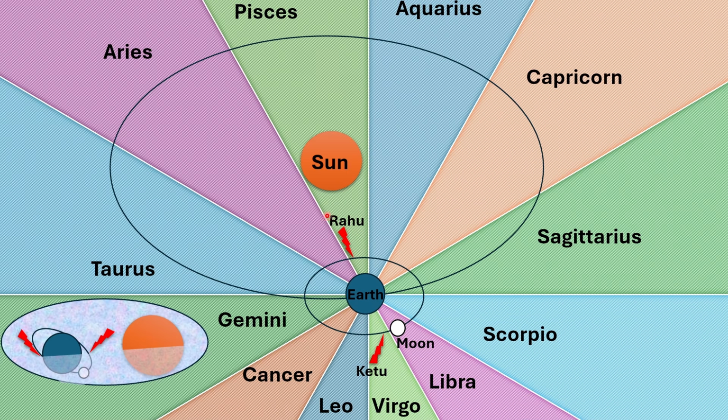Now, Rahu and Ketu are two intersection points of Sun's ecliptic plane. What does that mean? So, Sun is also revolving on a celestial plane with respect to other stars, and this is the ecliptic plane on which Sun is also revolving.